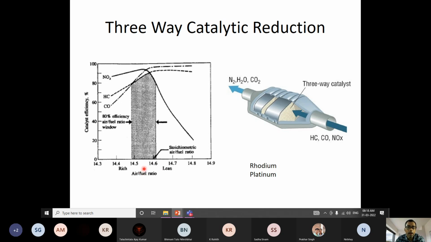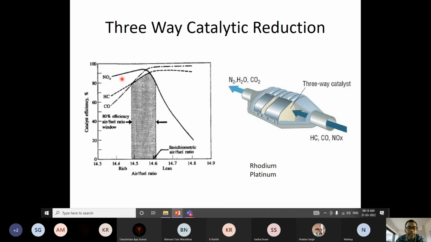What we see here is that when the engine is running very close to the stoichiometric air-fuel ratio or a slightly rich mixture, the efficiency of the oxidation of HC and CO and the reduction of nitrogen oxides is more than 80%. HC and CO are in the range of 80 to around 90%.